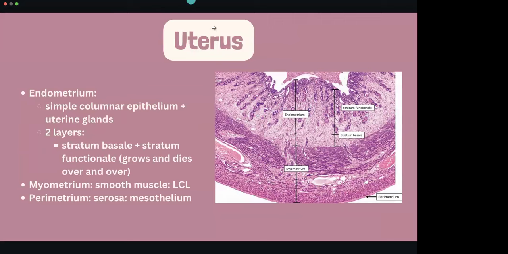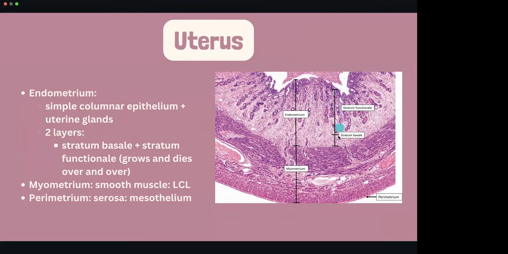Now, after the fallopian tube, it moves to the uterus. The uterus is lined by simple columnar epithelium with uterine glands, and it has two layers, the stratum basale and the stratum functionale. The stratum functionale is the one that grows and dies and grows and dies during menstruation.